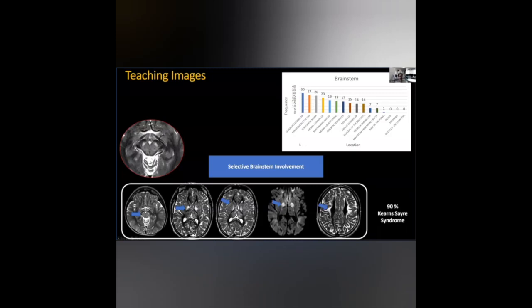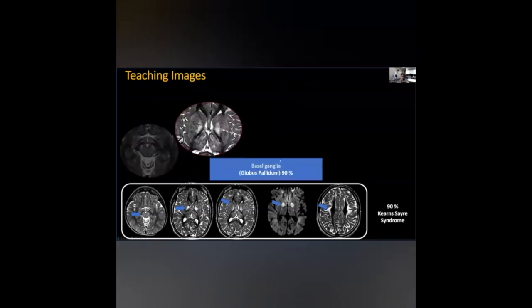And just to recap, the teaching imaging findings that you need to remember for cancer: remember always about the involvement of the brainstem, particularly the substantia nigra. The involvement of substantia nigra is normally present since the beginning of the disease, along with the superior cerebellar peduncles and periaqueductal gray matter. So these structures are affected since the beginning when you are considering cancer.